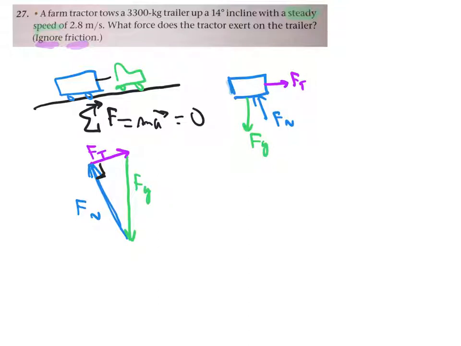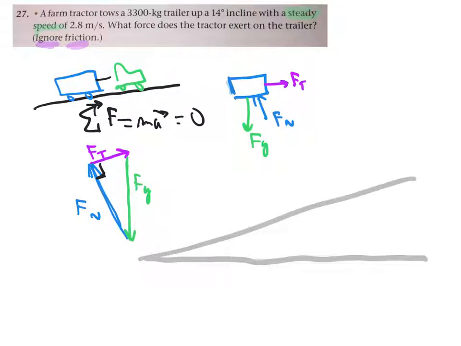So there is our incline, and here is our gravitational force, which I'm choosing to accidentally align with the incline, but that works out fine. Here is the normal force, which goes perpendicular, and here is the tension in the tow bar, which goes along.